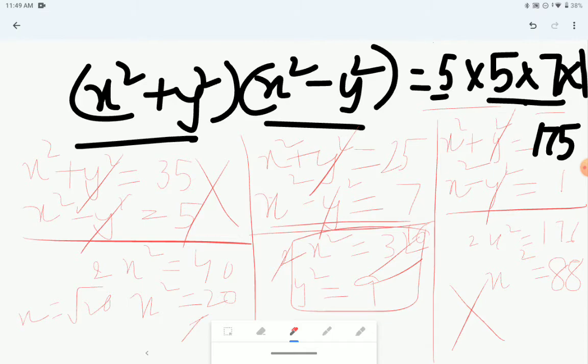But here also we are unable to get a perfect square, so x will not be an integer, so this case is rejected. So there is only one possible way, that is x equal to plus or minus 4 and y equal to plus or minus 3.